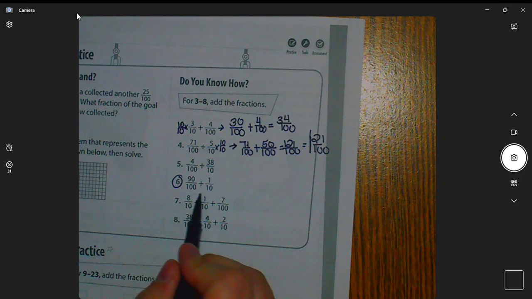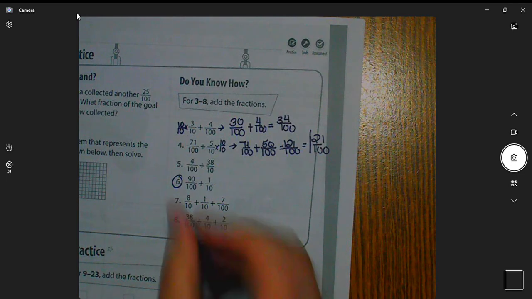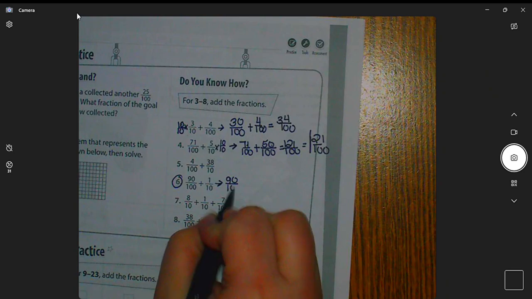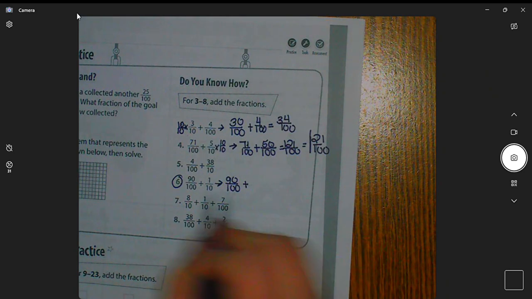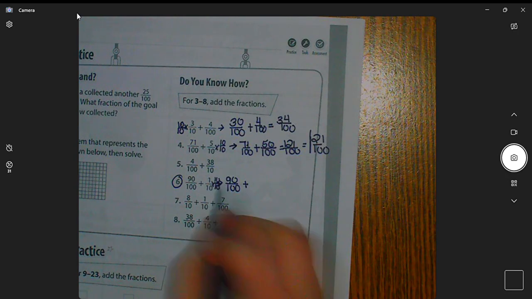Let's look at number 6. 90/100 plus 1/10. Now, I can have 2 answers for this. Nope, I can only have one answer. I'm sorry. I'm going to keep the hundredths the same, so 90/100 plus... You can't actually have 2 answers. We'll talk about it. Times 10 times 10.